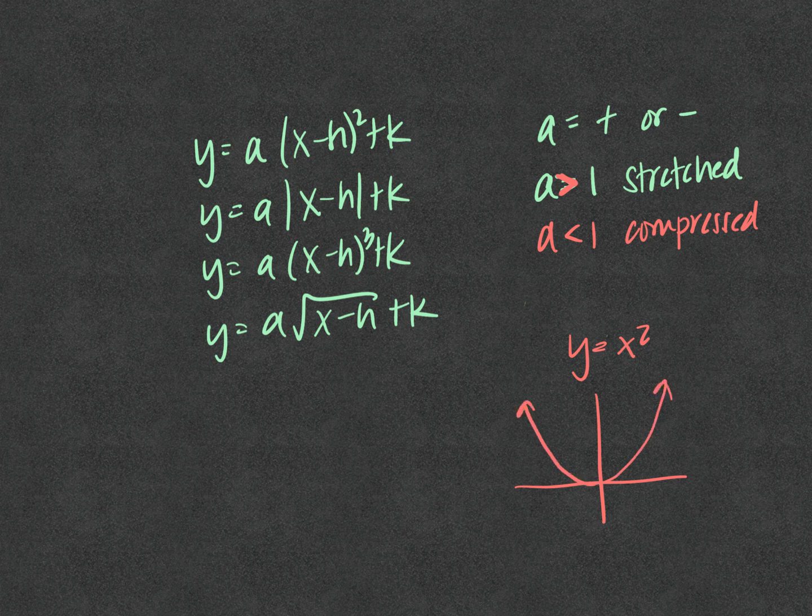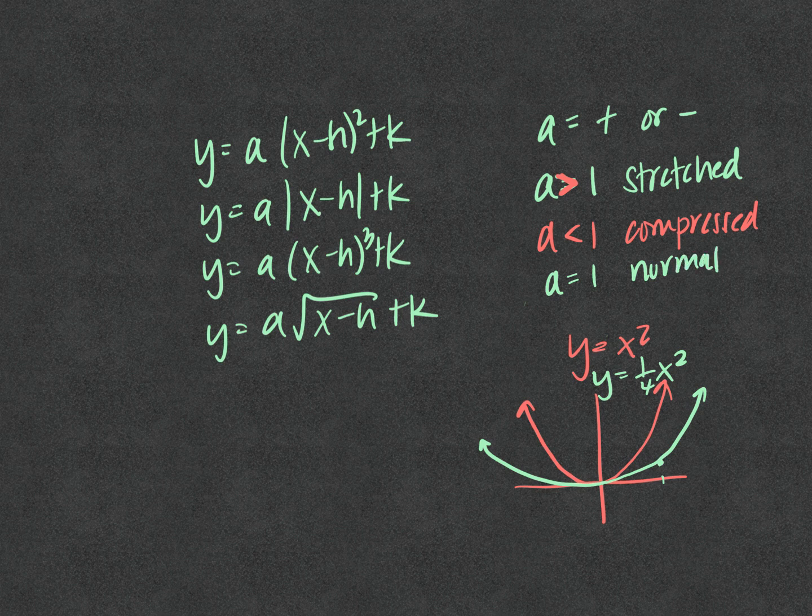But if we say y equals 1/4 x squared, that means you're going to take all of your y values. Normally when x is 2, y is 4. But in this case, when x is 2, 1/4 of that would be 1. So it stretches it out like this, and it pushes it down, and we call it compressed. So if a is greater than 1, we're stretched. If a is less than 1, we're compressed. If a equals 1, it's normal.